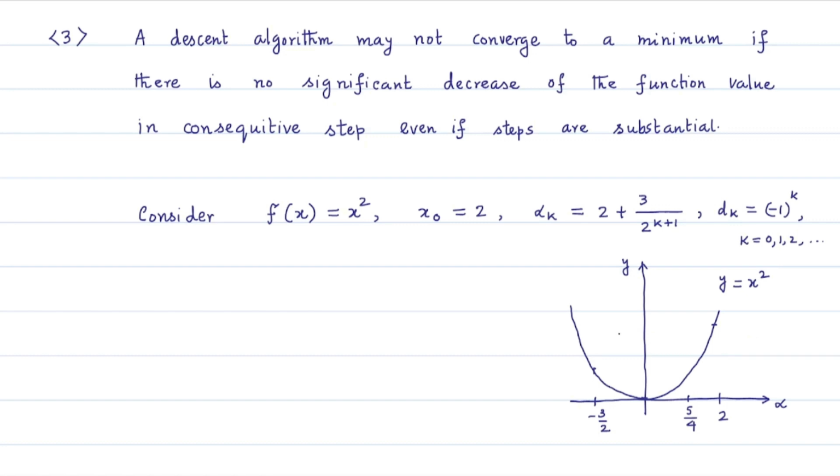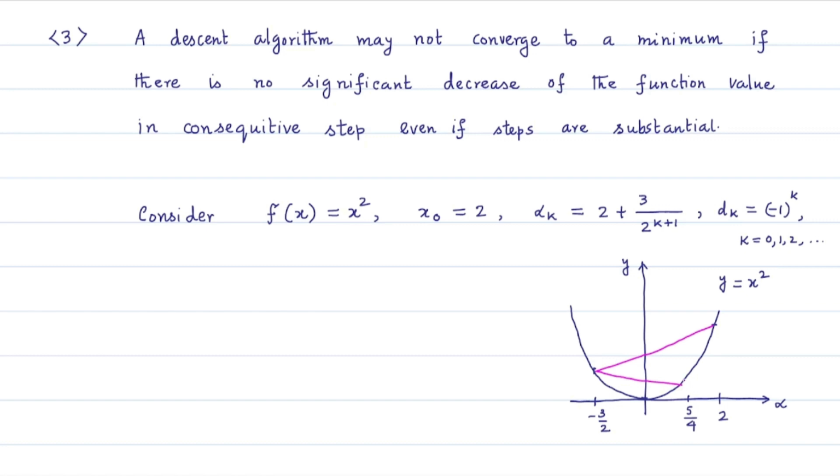Here for this function, with these choices of alpha k, dk and x naught, we see that at the initial stage, the function value degrades from this point to this point. Then the next iterative point gives us a degradation of function value here.